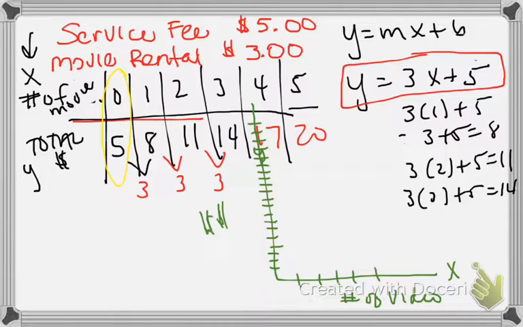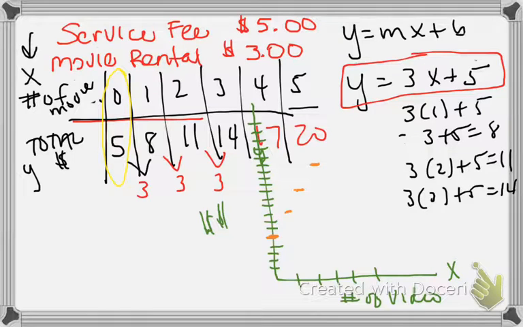I'm going to graph this in a different color. We have 0 and 5, so 1, 2, 3, 4, 5. Remember, if we don't rent any videos, we know it's right there. 1 and 8 would be here. 2 and 11 would be right here. 3 and 14 would be here, and 4 and 17.